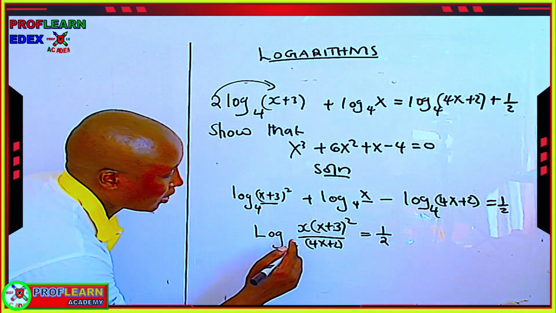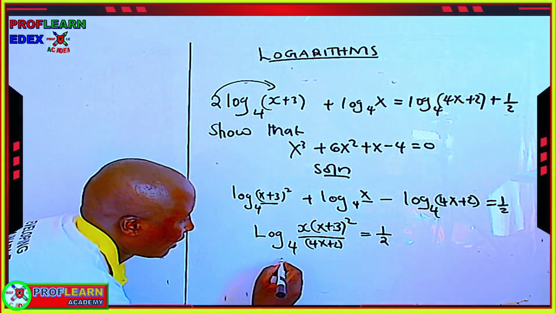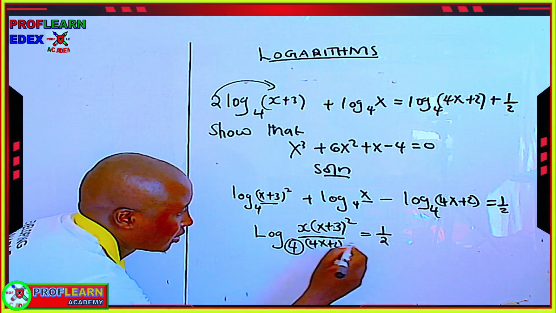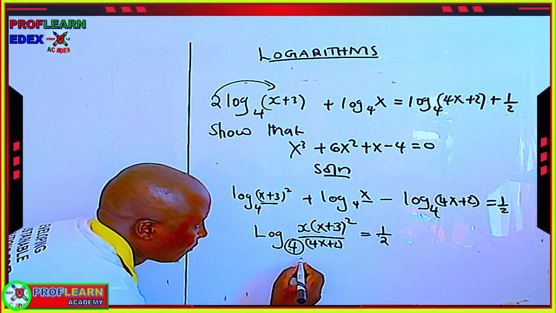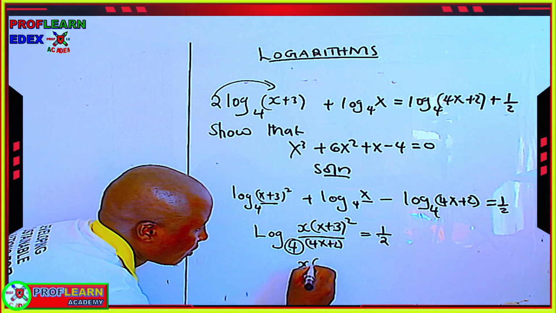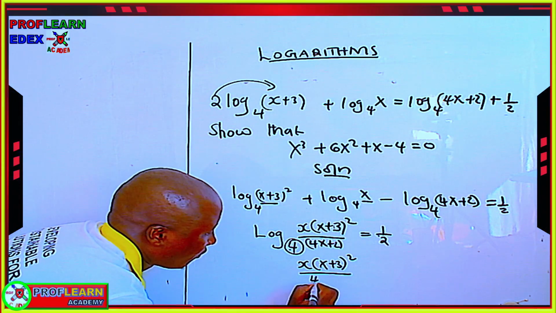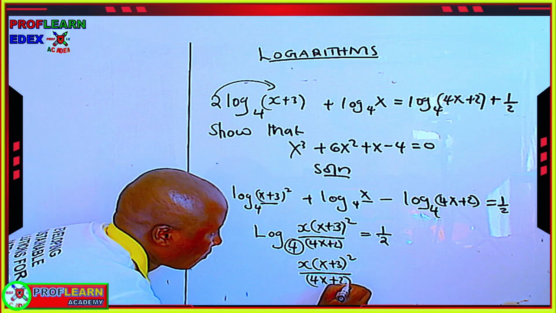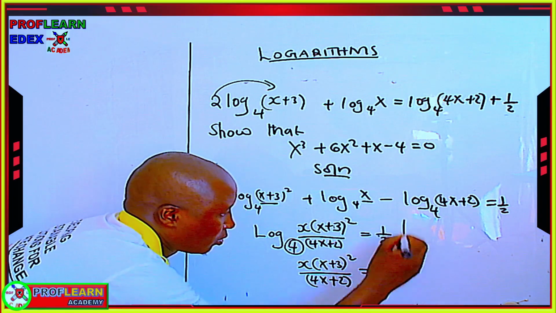So which means that we can express this in index notation. We raise this to a power of a half. So this is going to be x into (x plus 3) squared over (4x plus 2) equals 4 raised to 1 over 2.